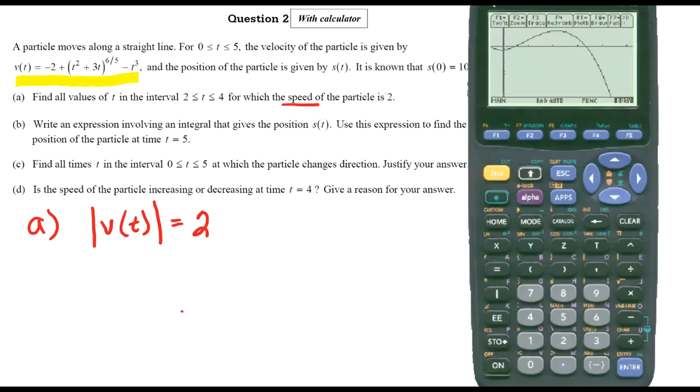So if we go back to the graph, we'll see that there are 2 times in our interval. Oh, we wanted our interval to be just 2 to 4 right now. So I could have reduced the window. So actually, perhaps all of these intersections aren't going to be within the time frame we're looking for.